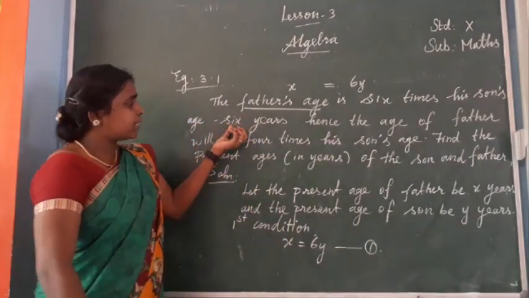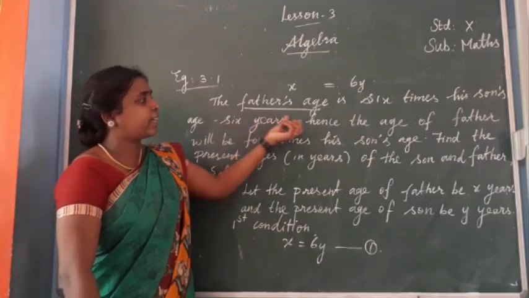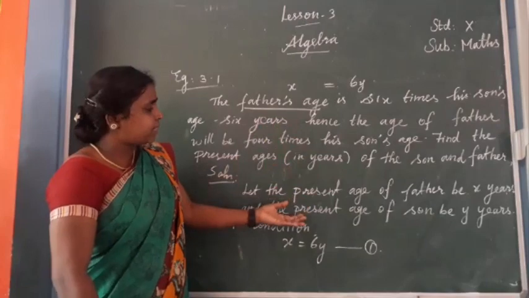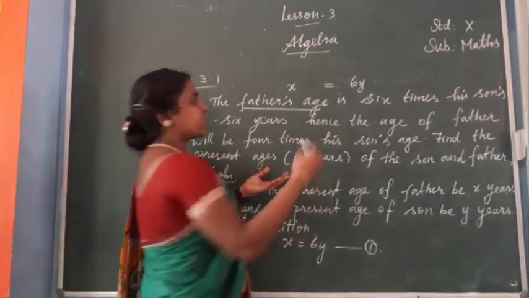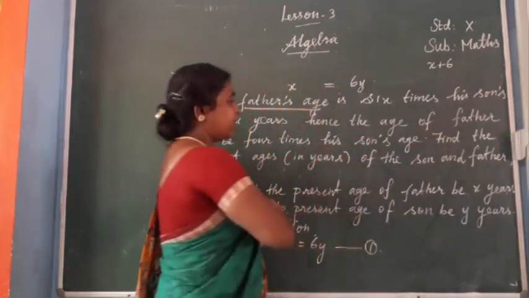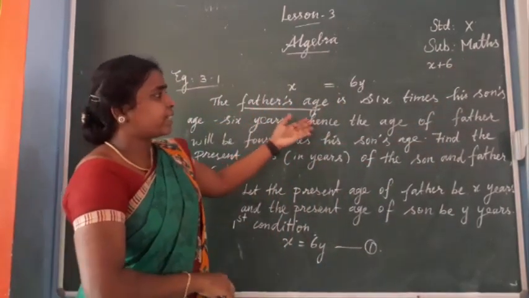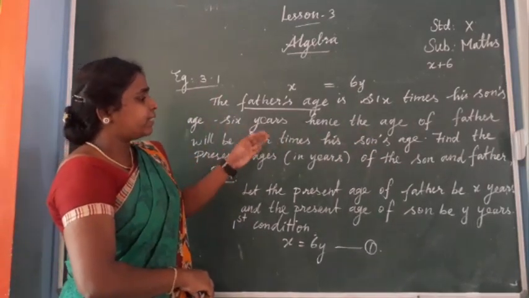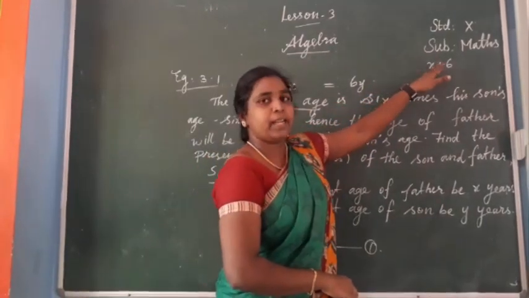According to the next condition, 6 years hence means after 6 years. The present age is x, so after 6 years you have to add 6. So after 6 years the age of the father is x plus 6.